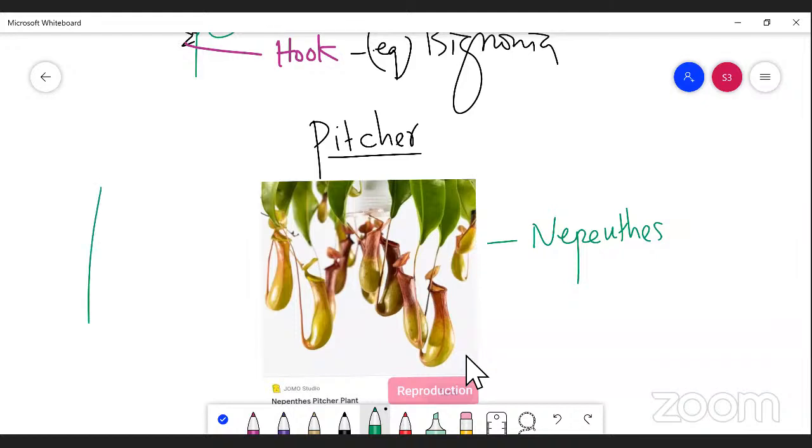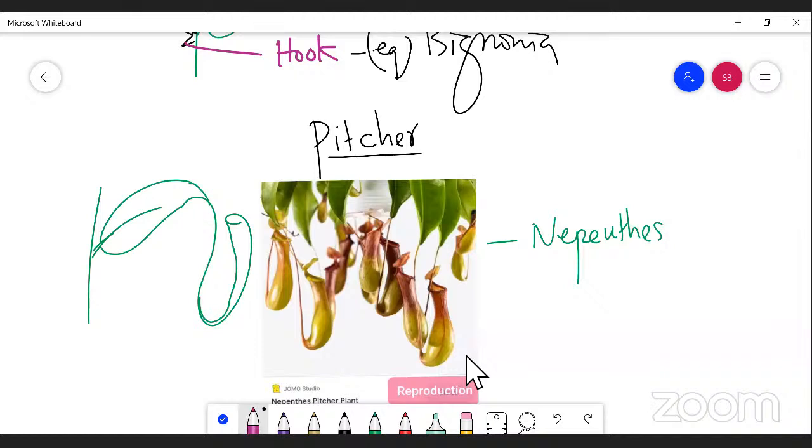This is a plant in which the leaves are very long. The tip of the leaf is modified into a pitcher. Just above the pitcher, you find a lid, right?